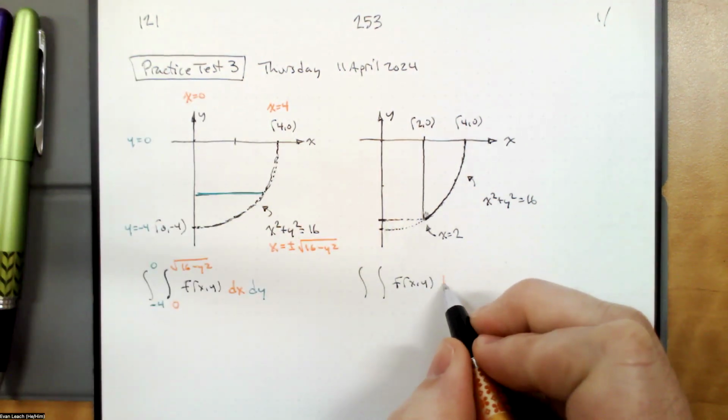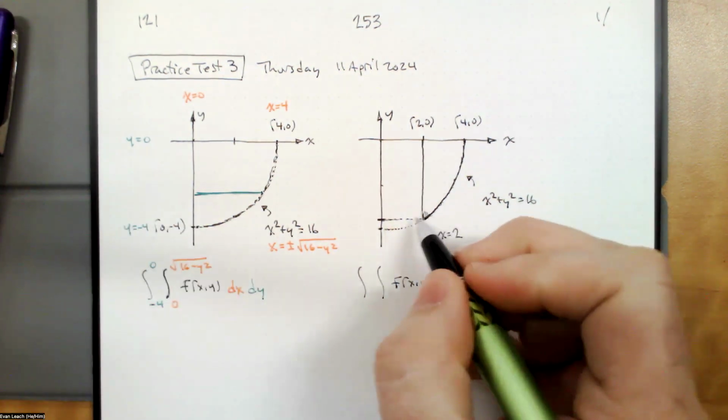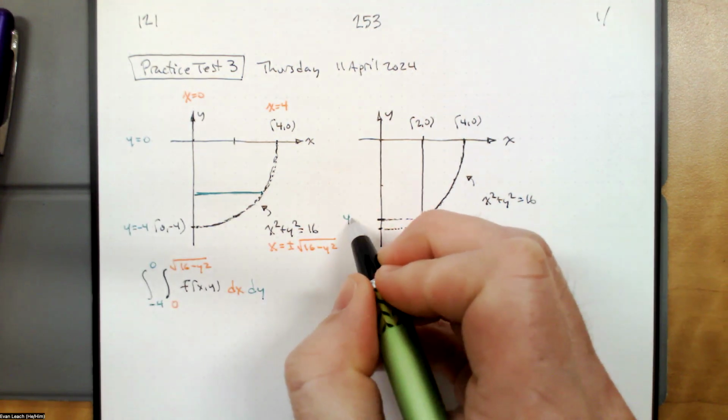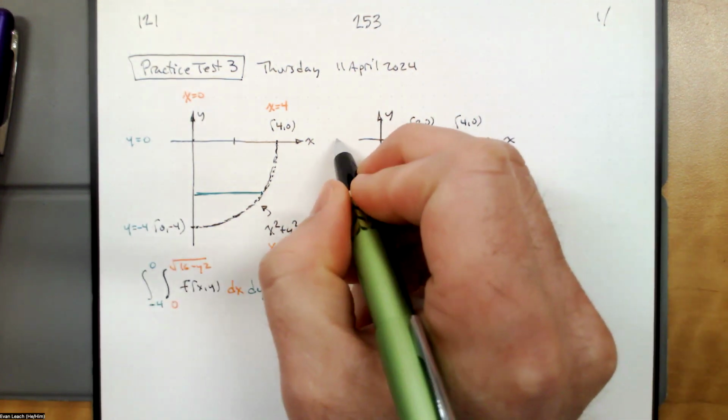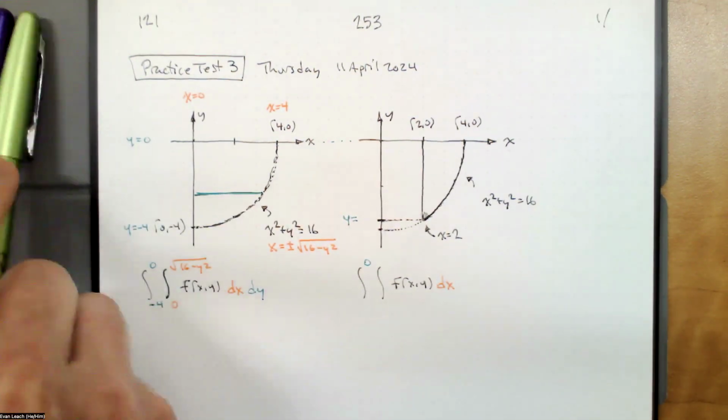So if I set up the dx as the inside integral, I would have to change my lower bound on y. I'd have to figure out what y is down there, but y will end at 0. That's the same. So y stops at 0.